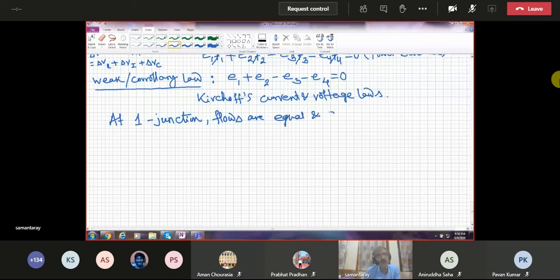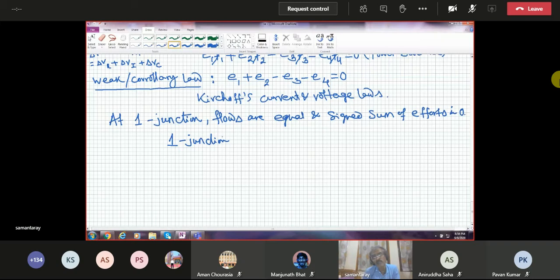So the one junction will be used with the signed sum of efforts, used for force balance. In mechanical systems, it will be used for the force balance equation.